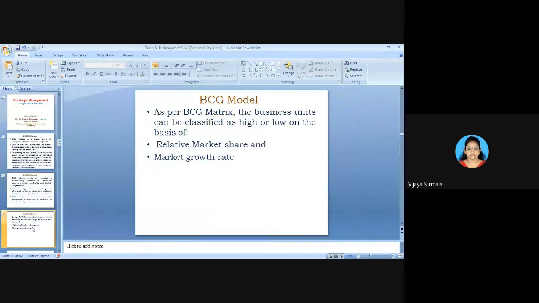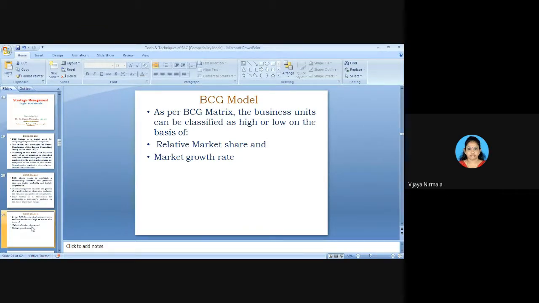So as per the BCG matrix, the business units are classified as high or low, on the basis of relative market share and market growth rate.